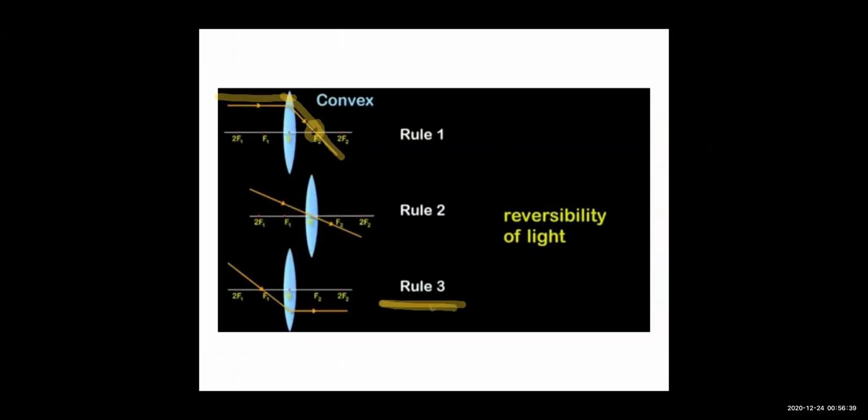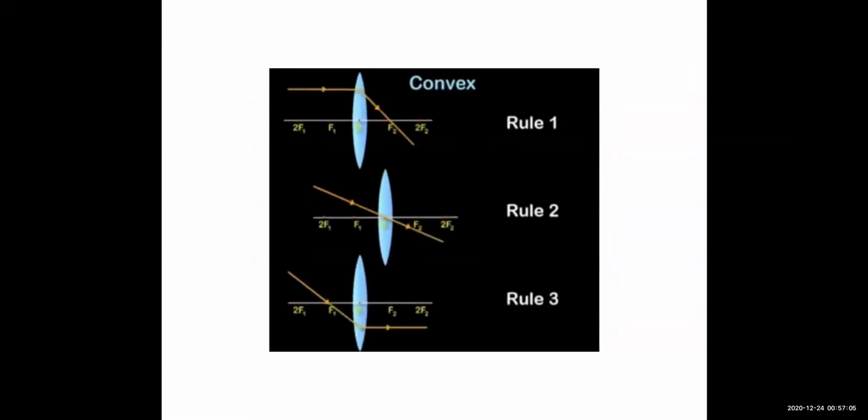That is, if the incident ray is passing through the focus, then after refraction it will become parallel, right beta? Rule number 2 is, if the incident ray passes through the optical center, then it will go straight, it will pass undeviated, it will not suffer any deviation. These are the 3 rules. The rules are the same for convex and concave.